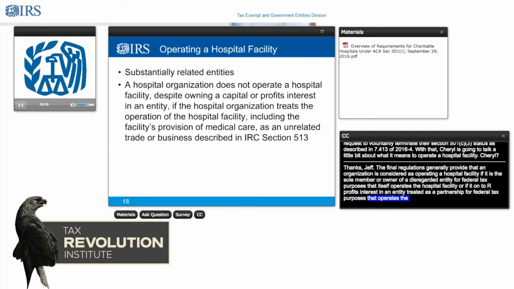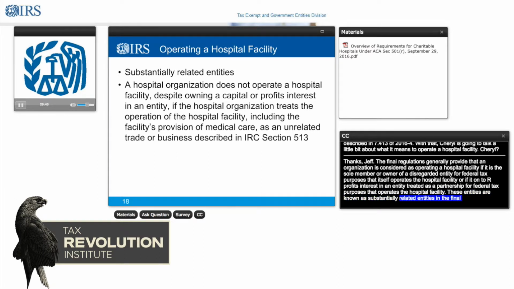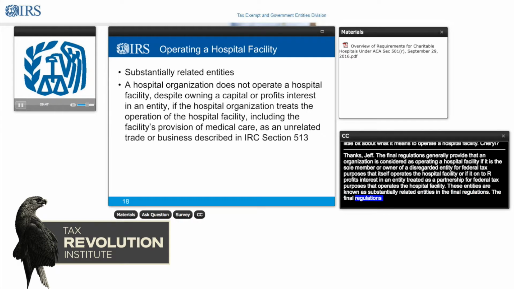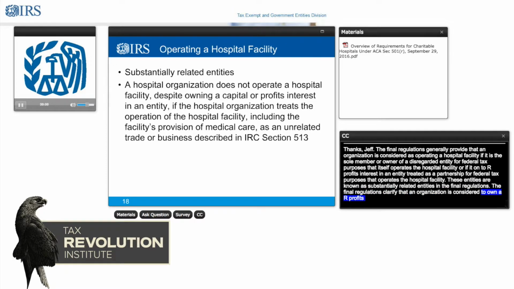These entities are known as substantially related entities in the final regulations. The final regulations clarify that an organization is considered to own a capital or profits interest in an entity treated as a partnership for federal tax purposes if it owns such an interest directly or indirectly through one or more lower-tier entities that are treated as partnerships for federal tax purposes.